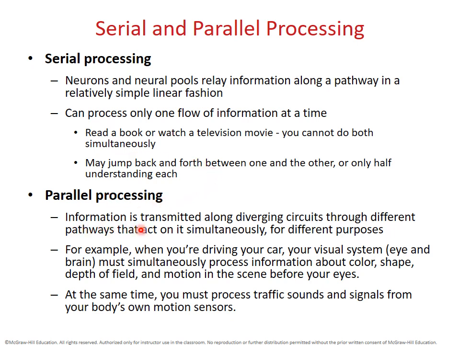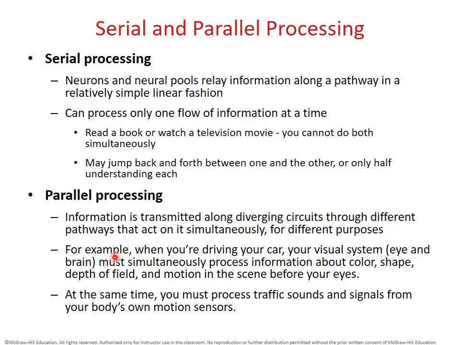Parallel processing is done more through things like diverging circuits and parallel circuits that we talked about, where you've got information traveling along multiple pathways simultaneously. And so this kind of processing is what we do when we multitask, when we can do many things at the same time.